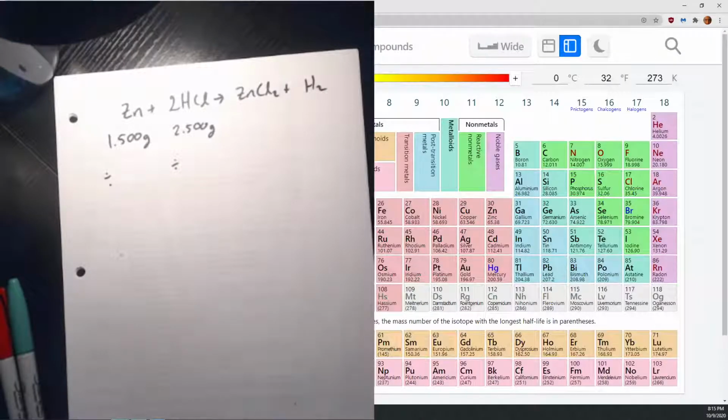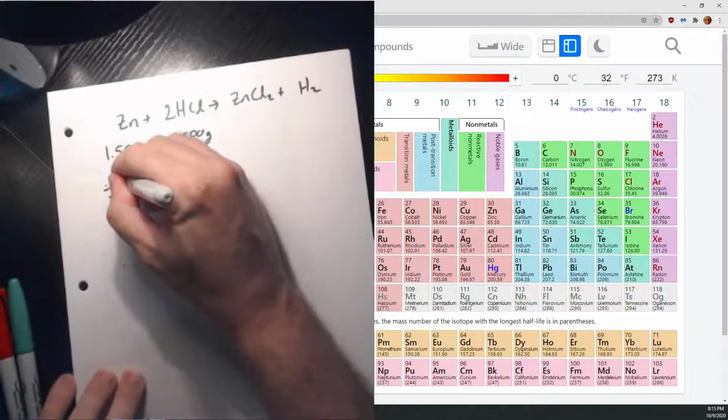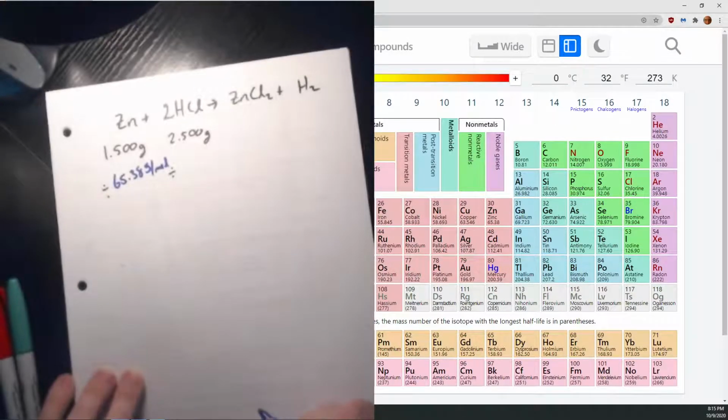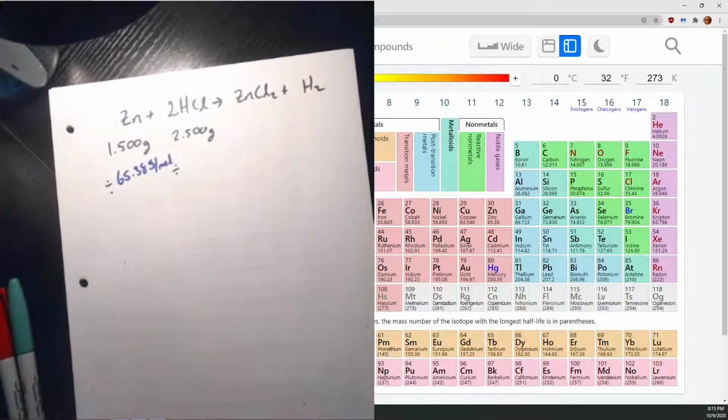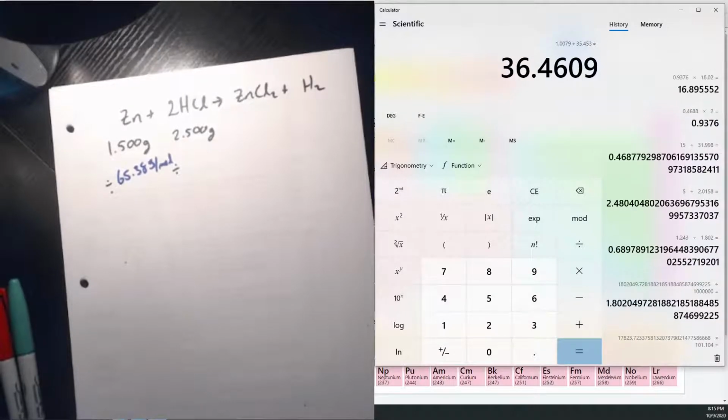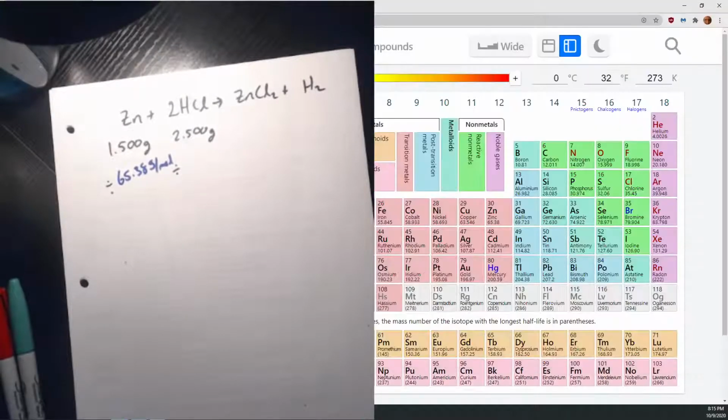We convert to moles. So the molar mass of zinc, bring up the periodic table. Oops. Zinc is 65.38 grams per mole. Hydrogen chloride, I'm going to do the calculator for this one. 36.461. Yeah.